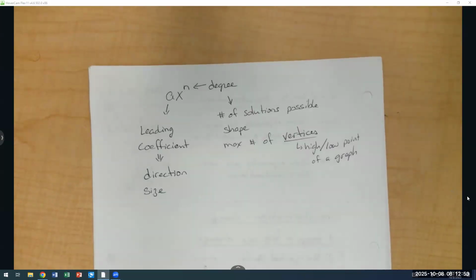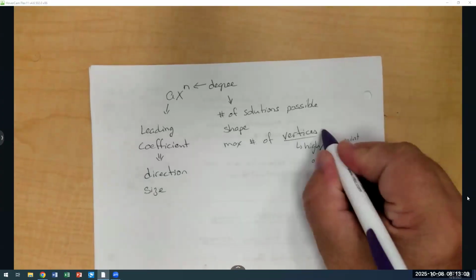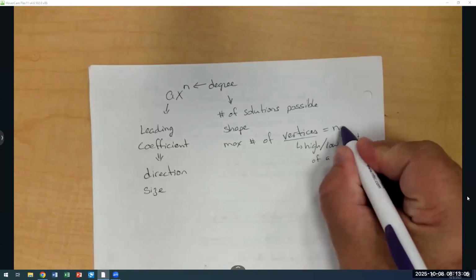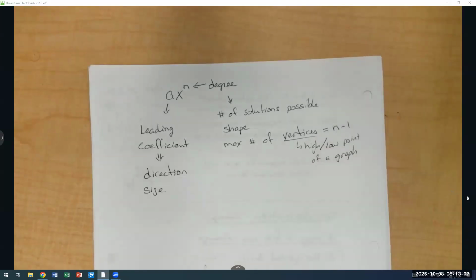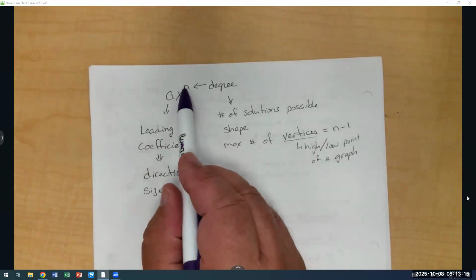It's the max or min, the high or low point of a graph. So the maximum number of vertices is always going to be n minus 1. Remember, the degree is n. That's your exponent.